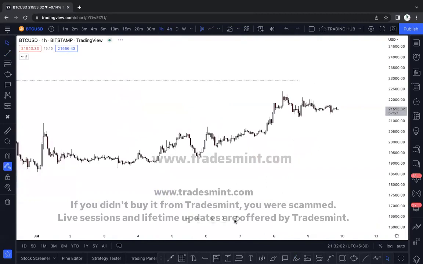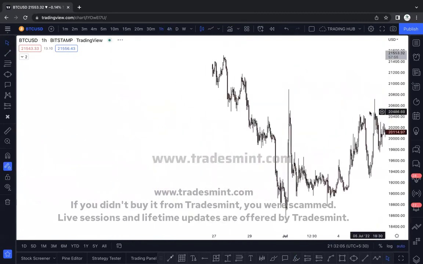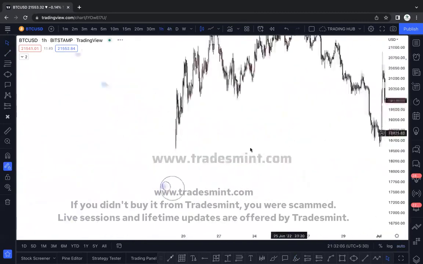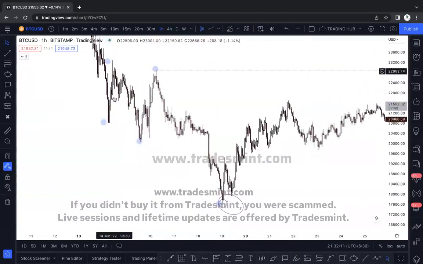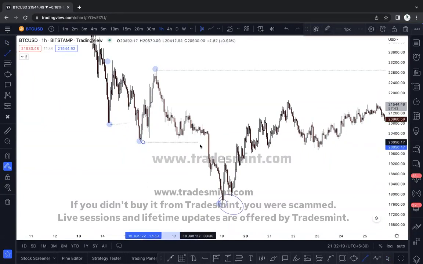Let me show you. Now look at the left side in a 1 hour. In a 1 hour structure, this low is here and this one is broken, correct? And again, this one breaks, okay?